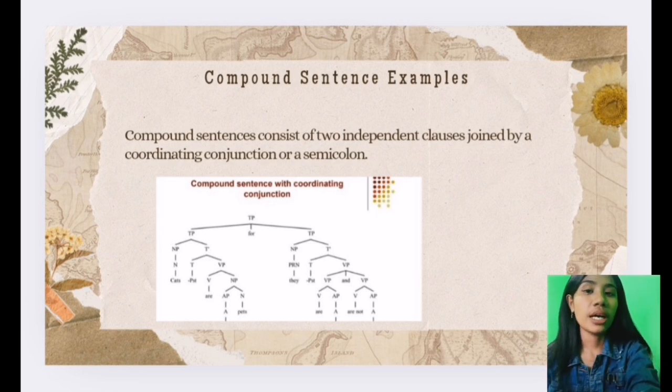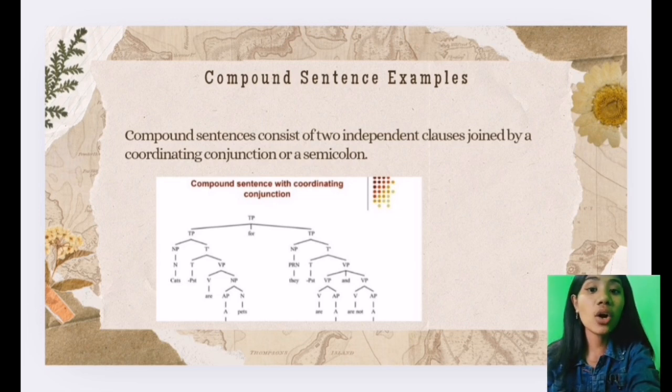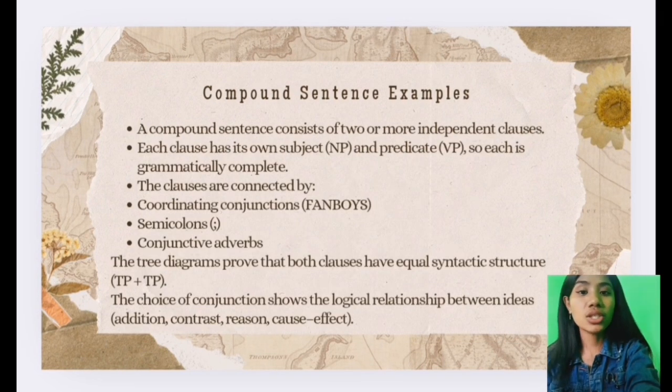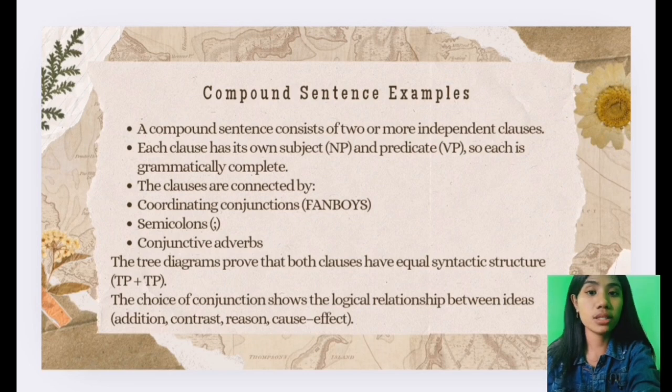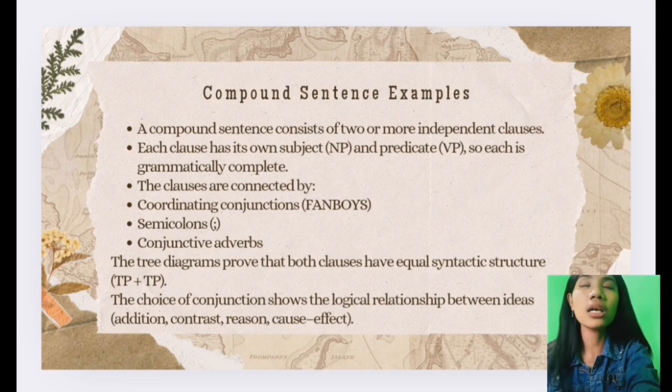And the conclusion I get from this material is that a compound sentence is TP plus coordinating conjunction plus TP. A compound sentence consists of two or more independent clauses. Each clause has its own subject NP and predicate VP, so each clause is grammatically complete. The clauses are connected by coordinating conjunctions or FANBOYS, semicolons, or conjunctive adverbs.